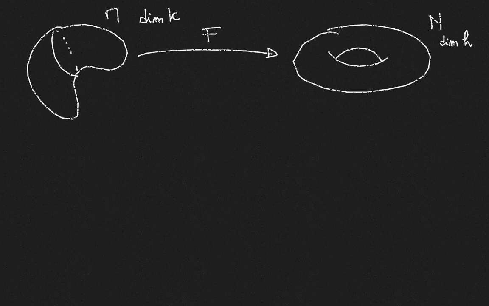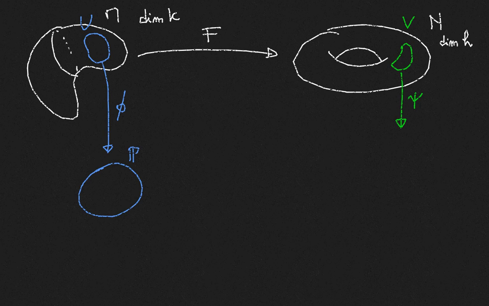So if you take some coordinate chart here, and some coordinate chart there, obviously this goes to an open set in R^k, and this goes to some other open set in R^h.